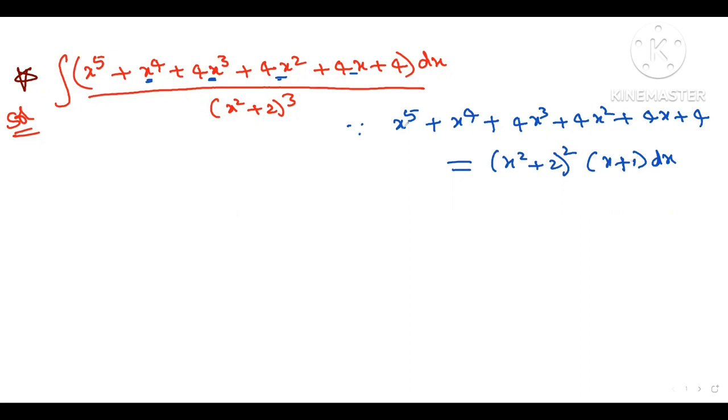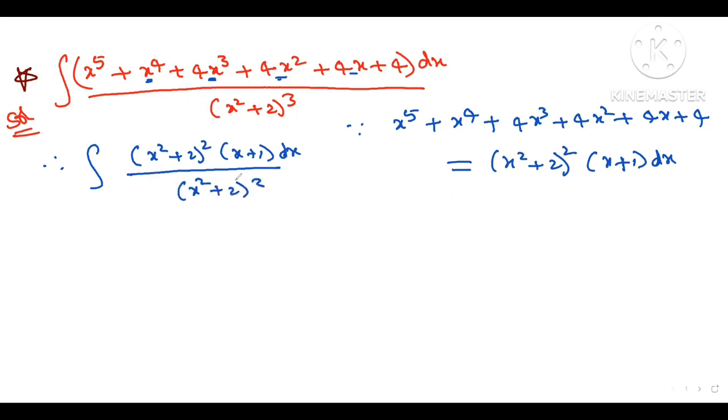Why? Because here minus 1 is one of the factors of this expression. So we get the integral of (x square plus 2) whole square into (x plus 1) dx by, what is the denominator here? (x square plus 2) whole cube. One (x square plus 2) whole square gets cancelled.